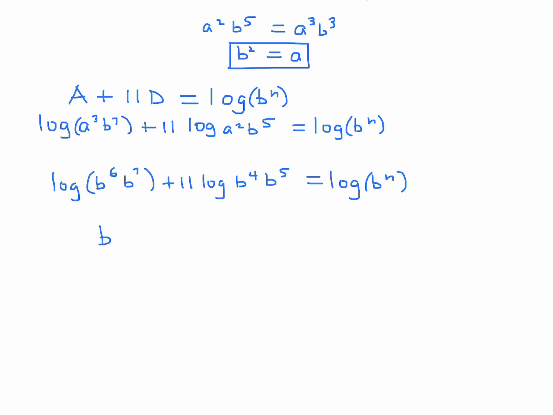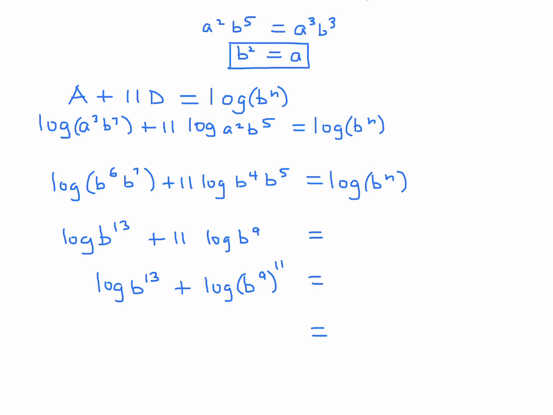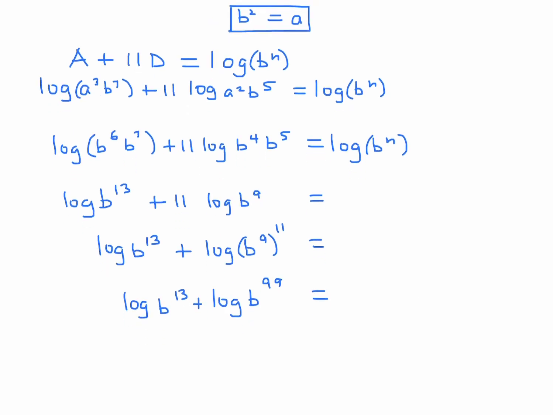All right, so this becomes the log of b to the power of 13 plus 11 times the log of b to the power of 9, equal to log of b to the power of n. This 11 we can put here as the power, b to the power of 9, to the 11, like that. That's a log rule. And then this becomes the log of b to the power of 99, plus log of b to the power of 13.